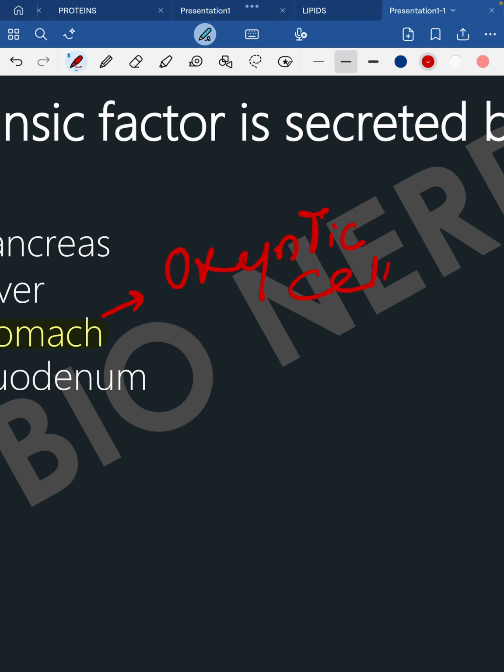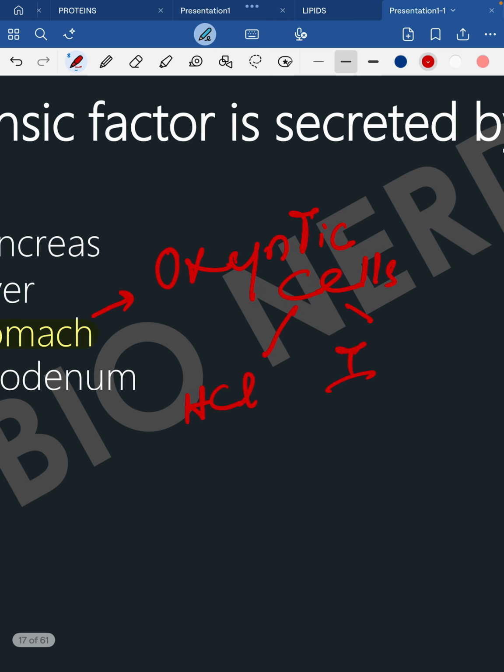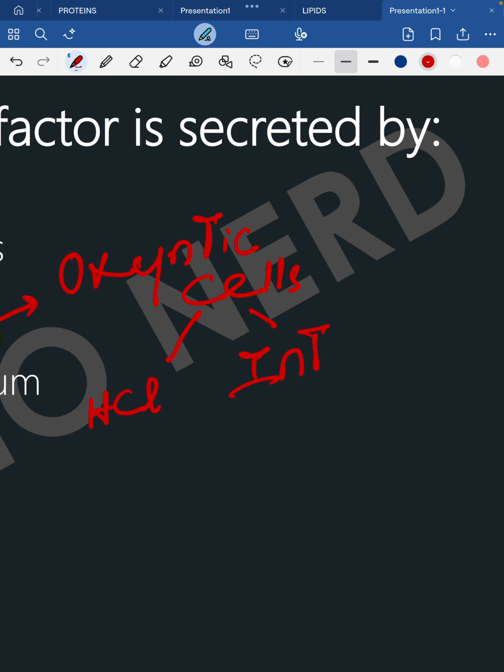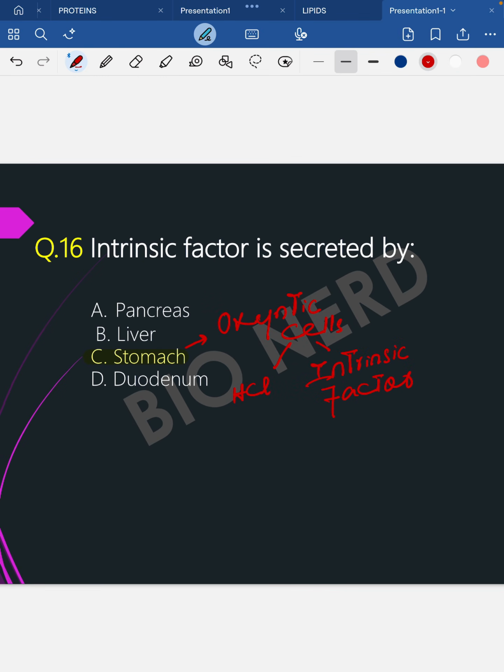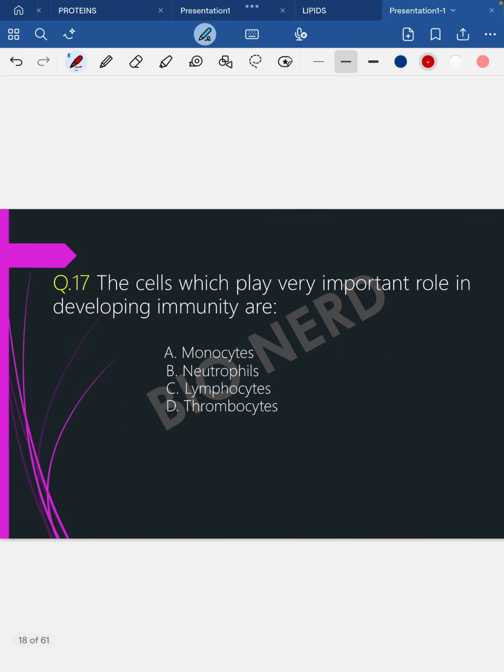And these oxyntic cells secrete HCl as well as intrinsic factor. Intrinsic factor is glycoprotein in nature, and it is responsible for the absorption of vitamins and calcium in the intestine. Okay, so here the answer will be Charlie, stomach.